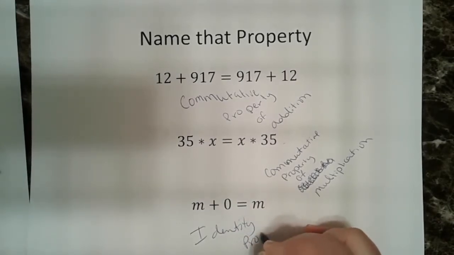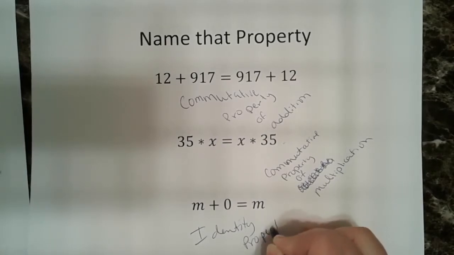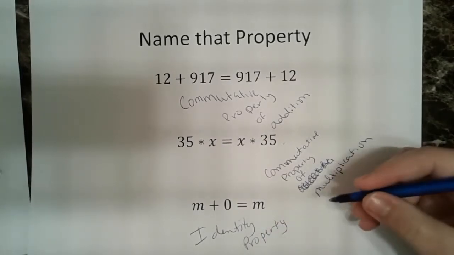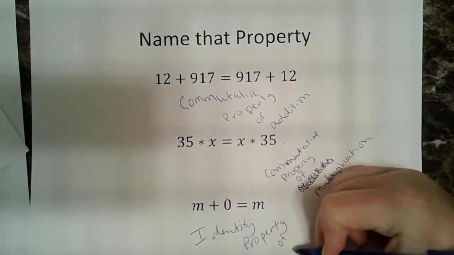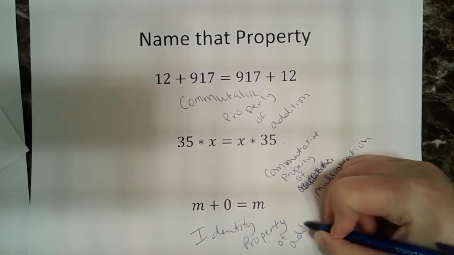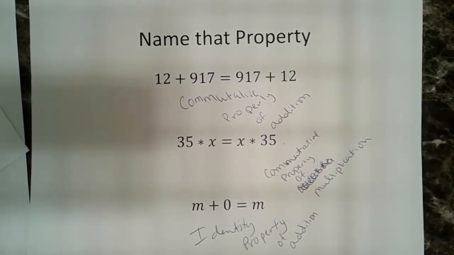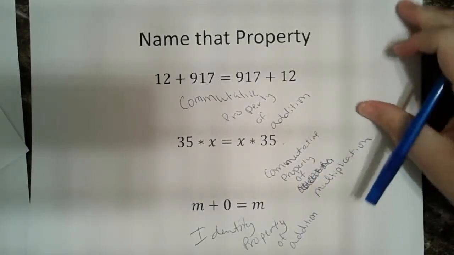But you guys all know my spelling abilities. They're not the greatest, but we're working on it. Identity property of addition. Again, it's important to put the word addition in there.